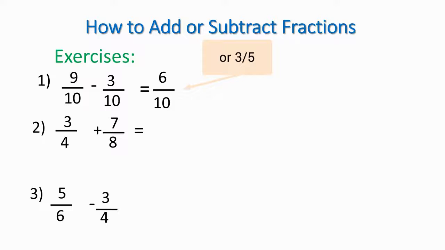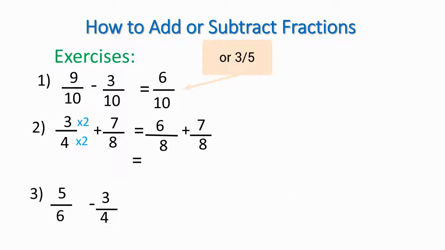Now for the second question, you have 4 and 8 for denominators, and by now you should have worked out the common denominator will be 8, because 8 is a multiple of 4. So you multiply 3/4 by 2, so 4 times 2 will give you 8, and 3 times 2 for the numerator will give you 6. And copy the second fraction, because the denominator is already 8 for that. So you have 7/8.